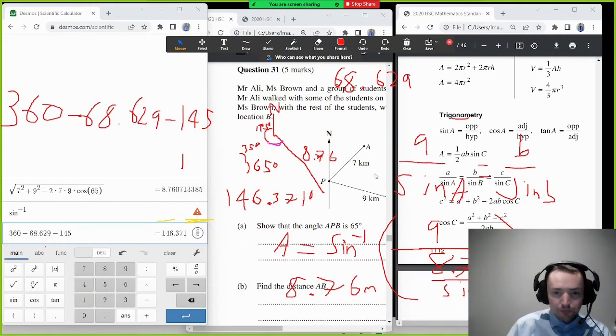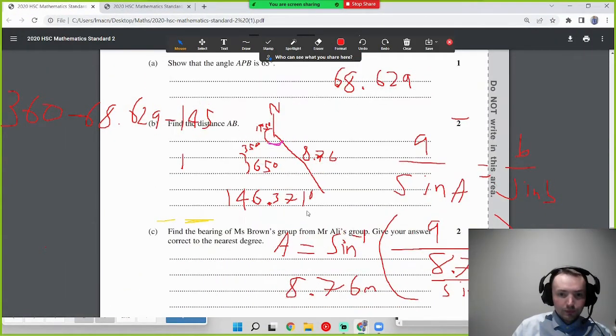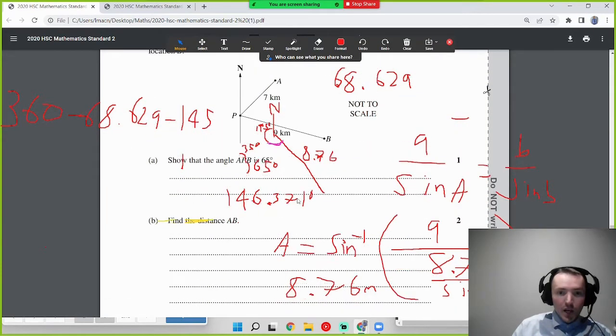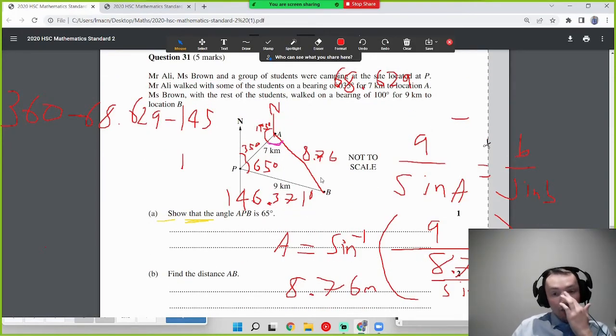Cool. And that is our answer. So that is the bearing of Miss Brown's group from Ali, 146 degrees, 0.371.